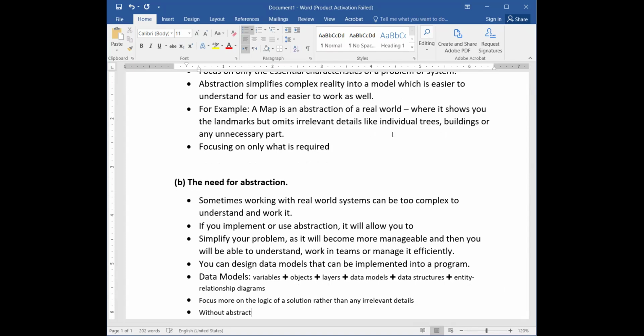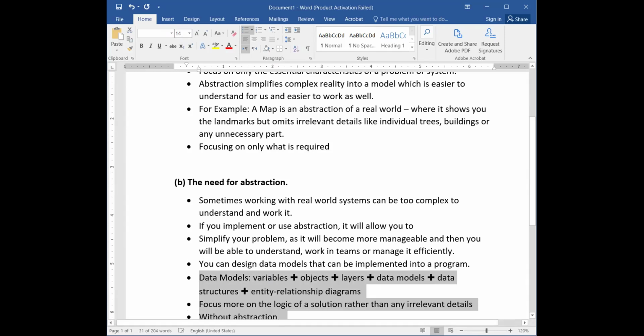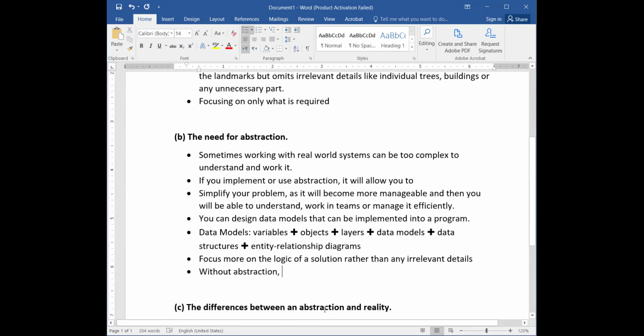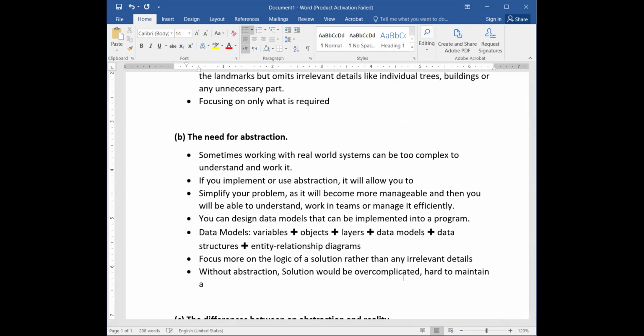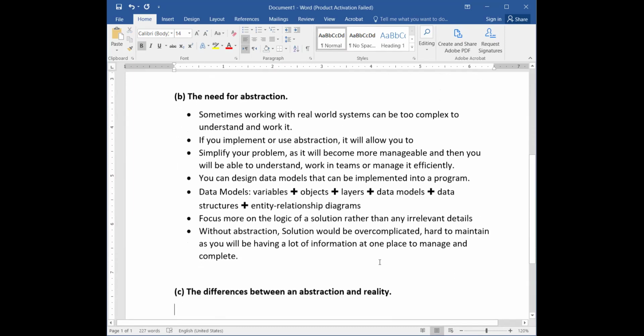And without abstraction, the solution would be overcomplicated, hard to maintain, as you will be having a lot of information at one place to manage and complete. Are you getting my point? Yeah. This is for the need of abstraction.